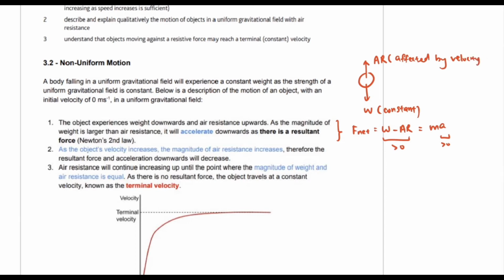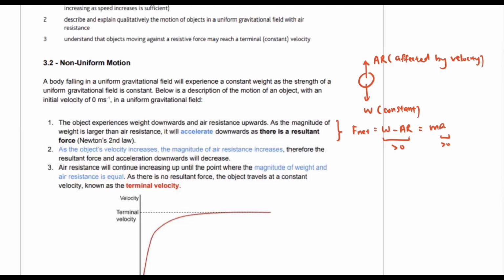The object is moving faster and faster, and now this is getting greater and greater. Therefore, the resultant force and acceleration downwards will decrease. So try to imagine that this is getting bigger and bigger. So W minus a bigger value now ends up with a smaller answer. Then the acceleration will become smaller.